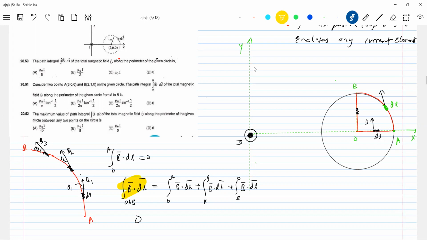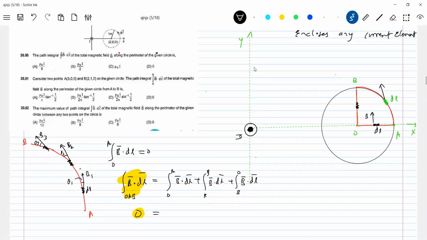Why 0? I'm highlighting it. Why should it be 0? Because the net current enclosed is 0. No current is enclosed by the loop OAB. I'm giving enough explanation.